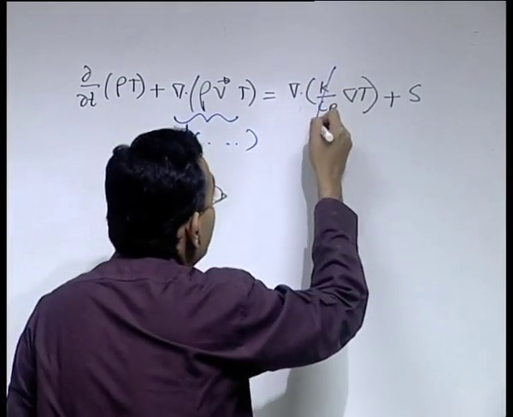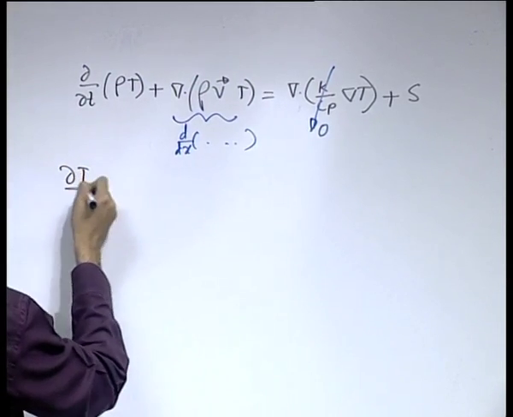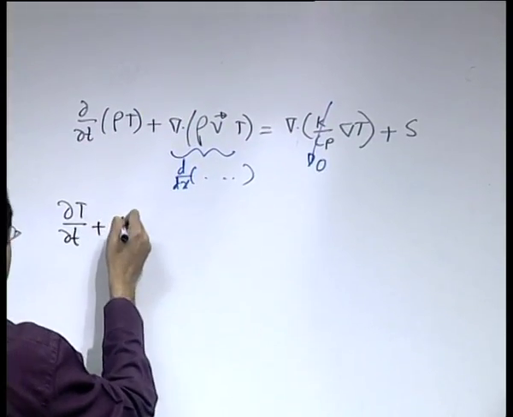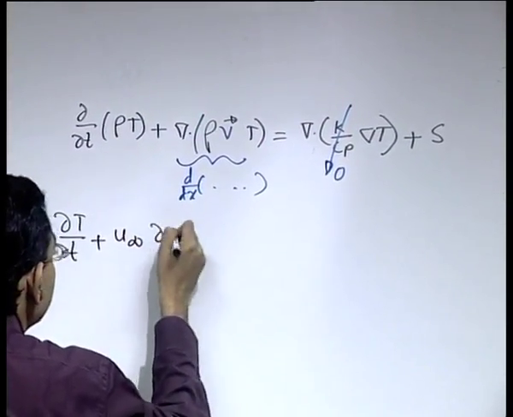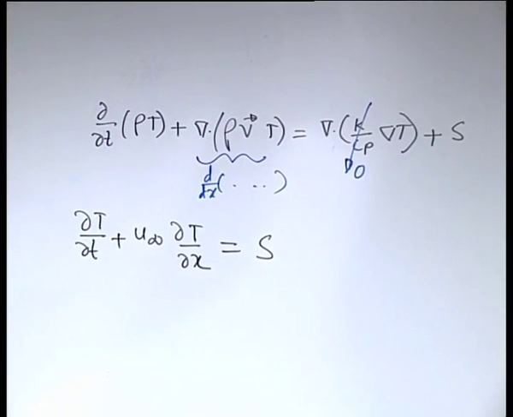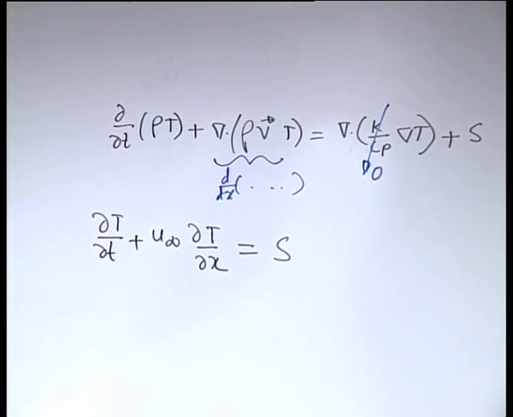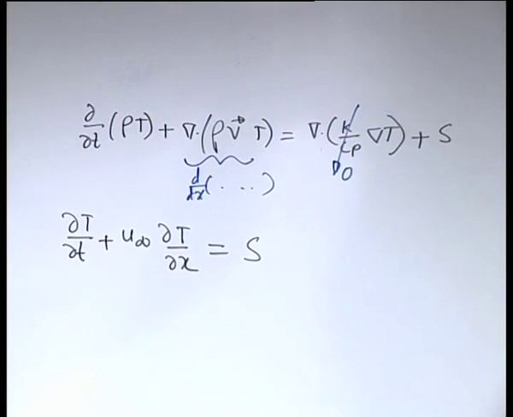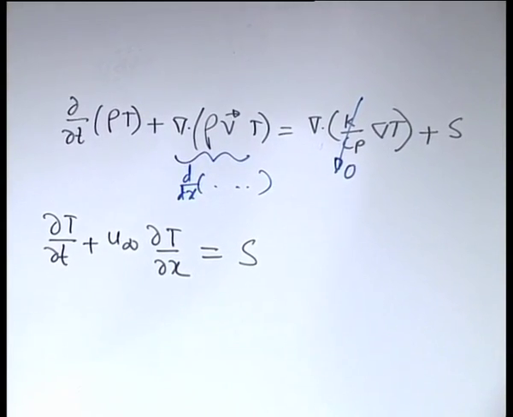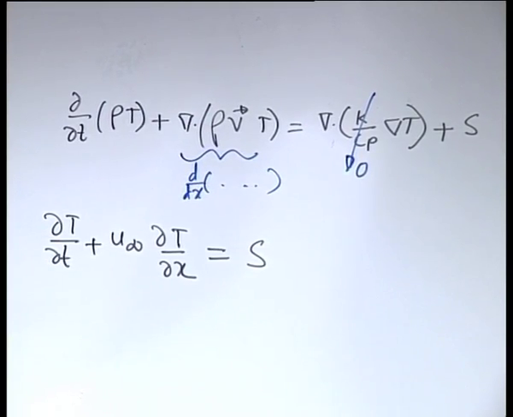This term will go away, and if you use the continuity equation together with this, you will get an equation of this form. Okay, because u is equal to u infinity, one dimensional, only one x component of velocity.